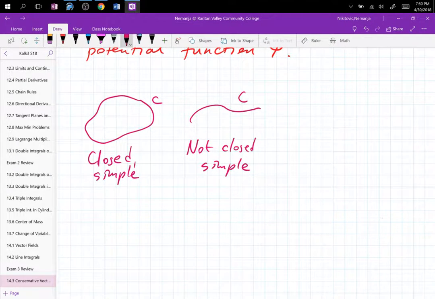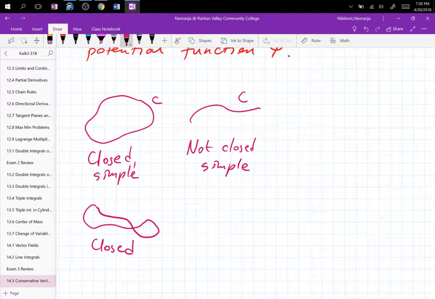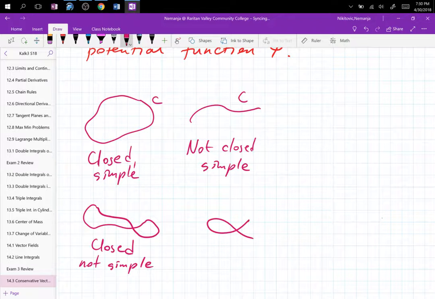And then we have something like this, that is closed, not simple, and something like this, that is not closed, not simple.